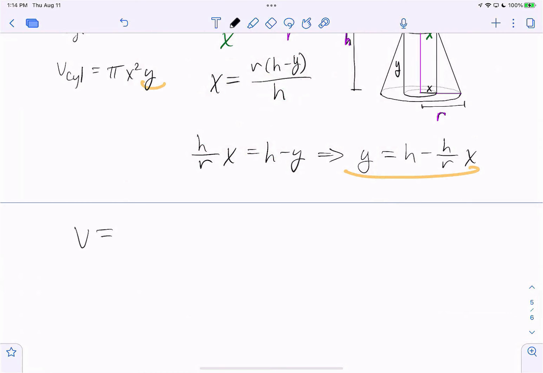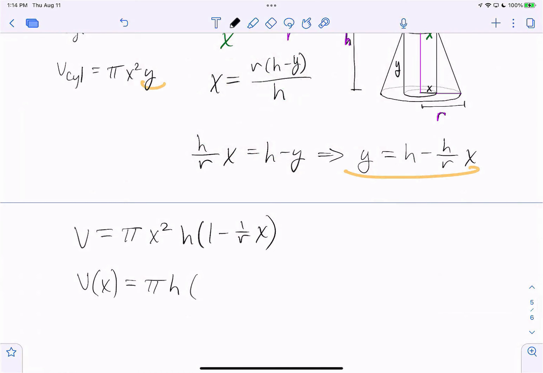So I have volume is equal to pi x squared, and look, I have h's in both terms here, so I'm going to factor out the h. And I'm left with 1 minus 1 over r times x. Oh yes, this is much preferable. Okay, so V of x is going to be pi h times x squared minus 1 over r x cubed.